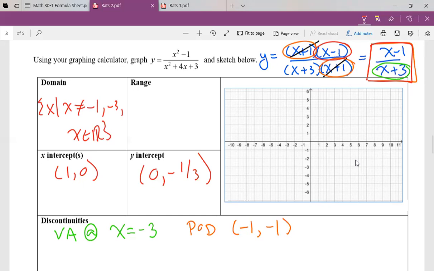Range, well, for the range, what we need to look at is where's our horizontal asymptote. Okay, so I'm going to say for sure I've got this y value from the point of discontinuity, but this will have a horizontal asymptote. Okay, so how do we find that horizontal asymptote? That's the final question. So what we're going to do is we are now going to graph this.